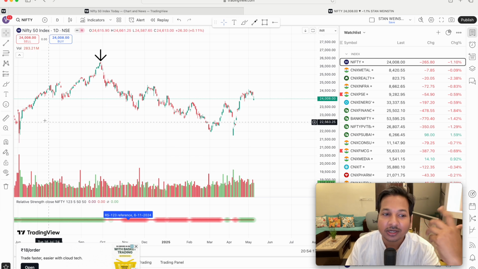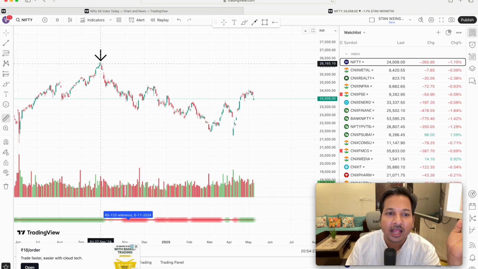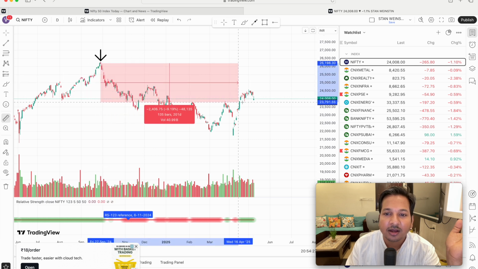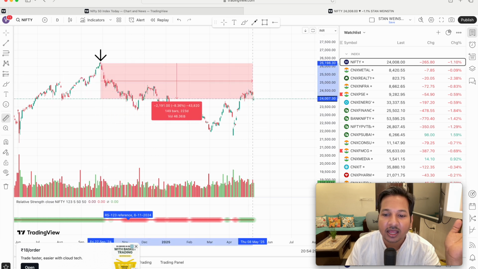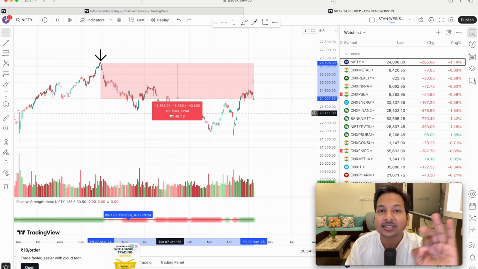If you want a shortcut, there is a measuring tool at the side. Take this measuring tool and measure from 27th September till now, this 9th May. If you click on 9th May, 150 bars have already happened, meaning 150 daily candles have formed.